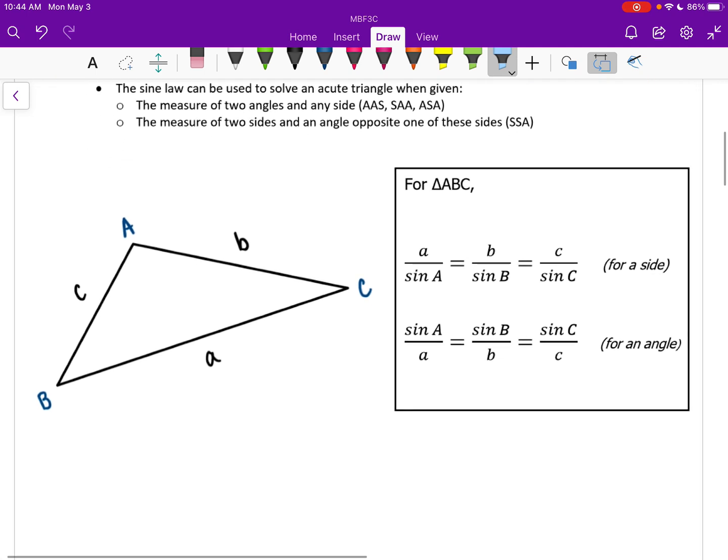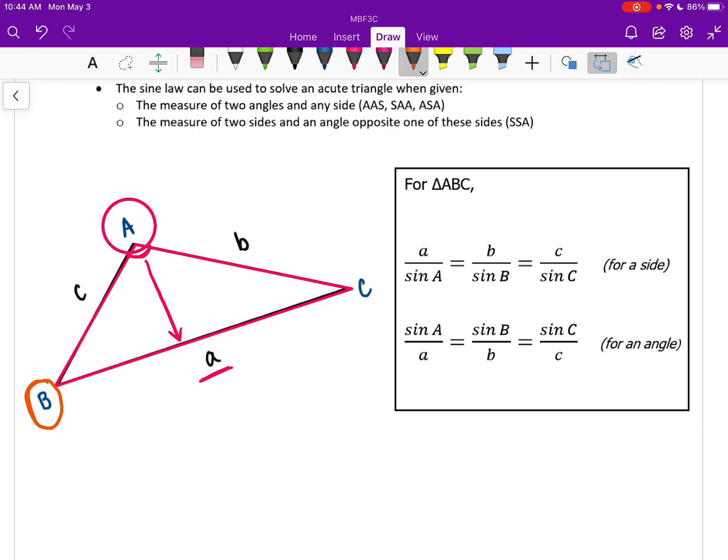When I'm drawing out triangles, like I drew this one out right here, you'll notice that if this is angle A, the opposite side of it will be side A. Same goes if this is angle B over here, the opposite side will be side B. And last but not least, if we have angle C over here, the opposite side will be side C.